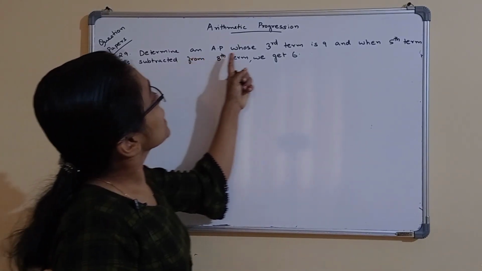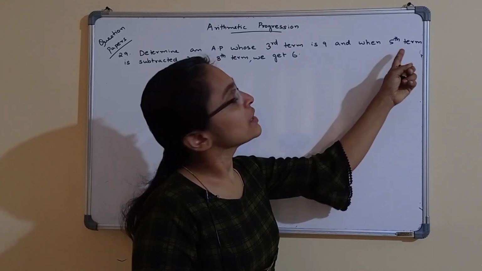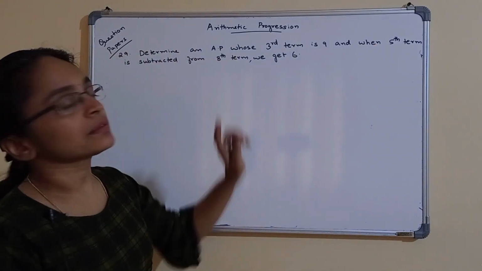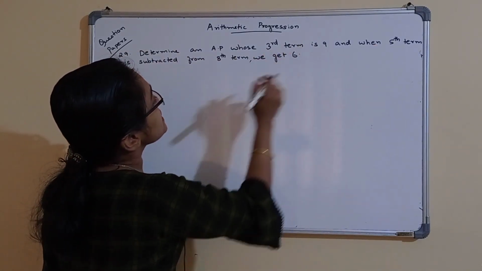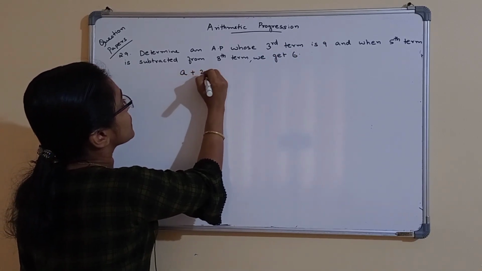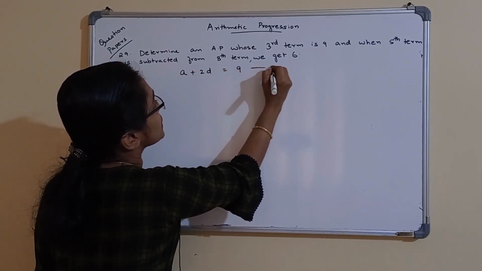Next question: determine an AP whose third term is 9 and when fifth term is subtracted from 8th term we get 6. Third term is 9 means a + 2d = 9. This is the first equation.